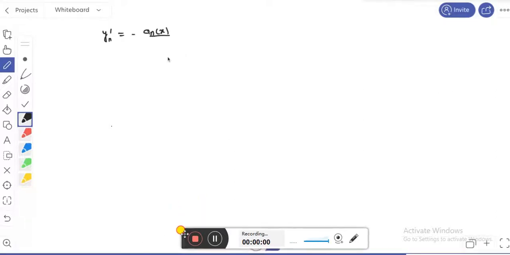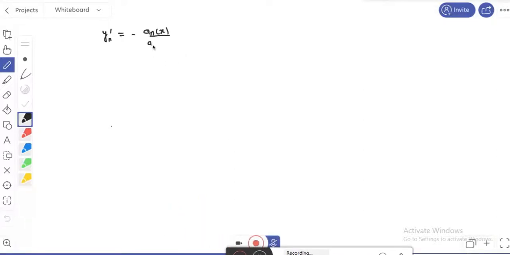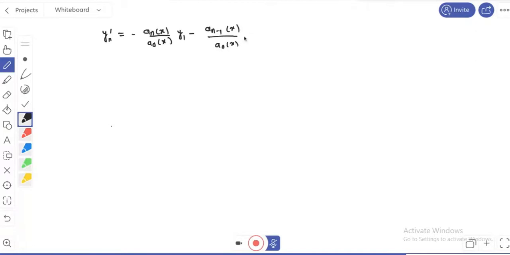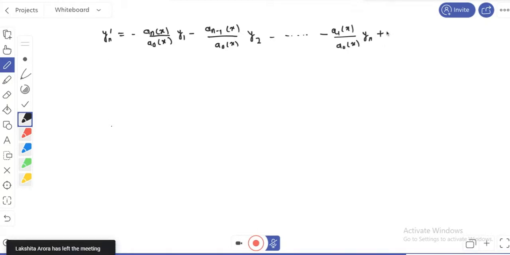y^(n) equals minus a_n over a0 times y, up to the second last term, which is this y_n prime, plus your non-homogeneous term, that is b(x) over a0(x).